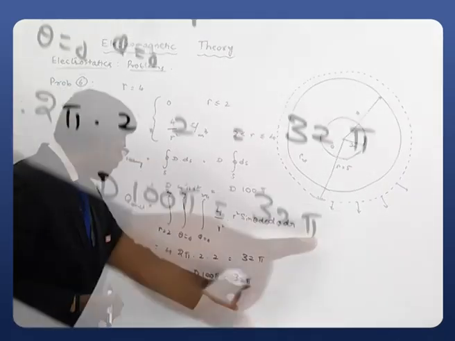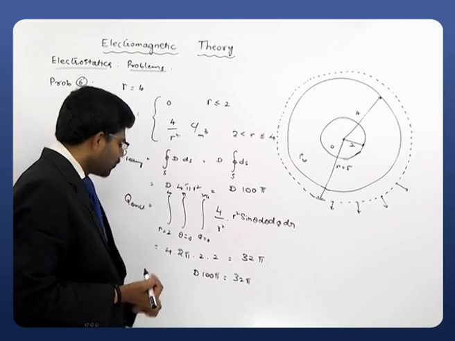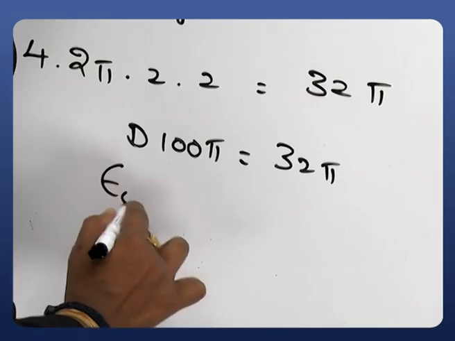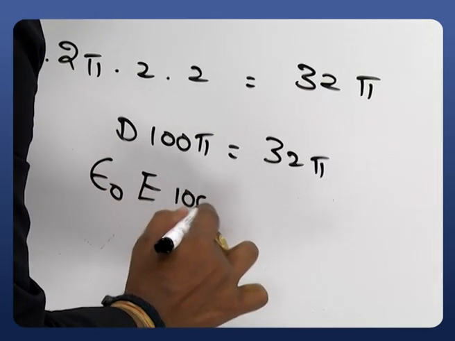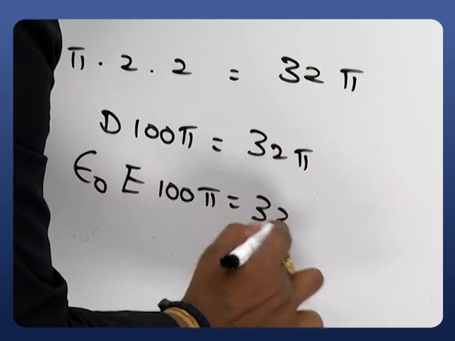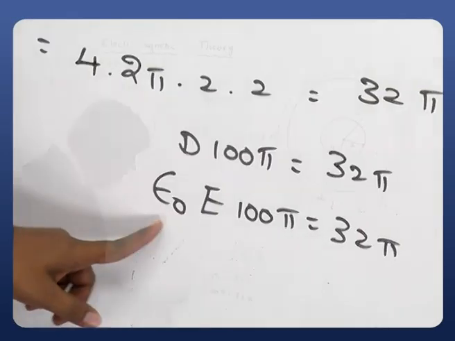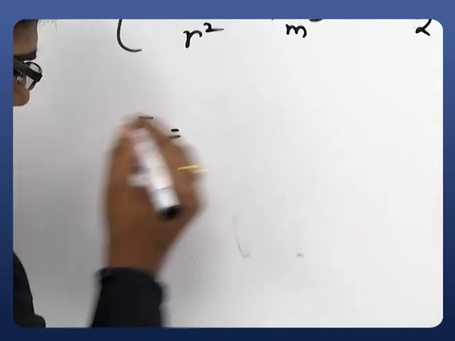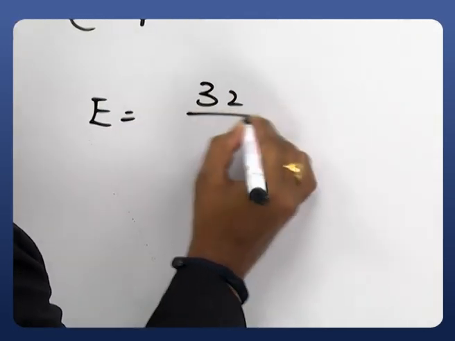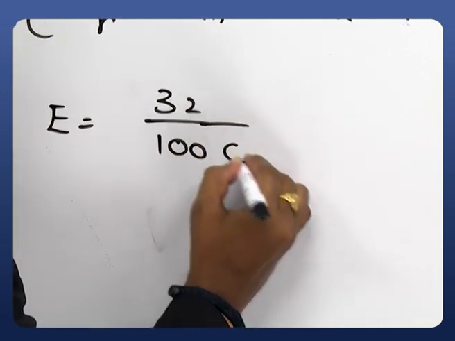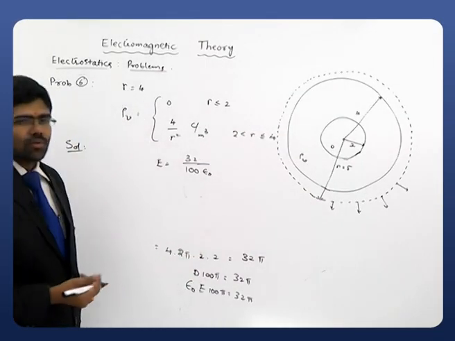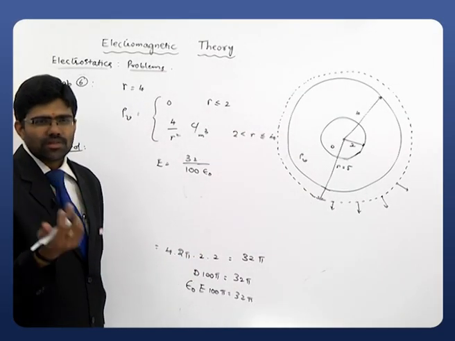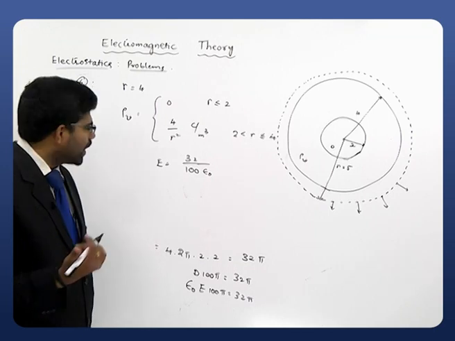Now if you take the equivalent of this D, it is epsilon naught E times 100 pi, which equals 32 pi. So E, the electric field intensity, is 32 by 100 epsilon naught. This is the scalar quantity, but we have to represent our electric field intensity as a vector quantity.